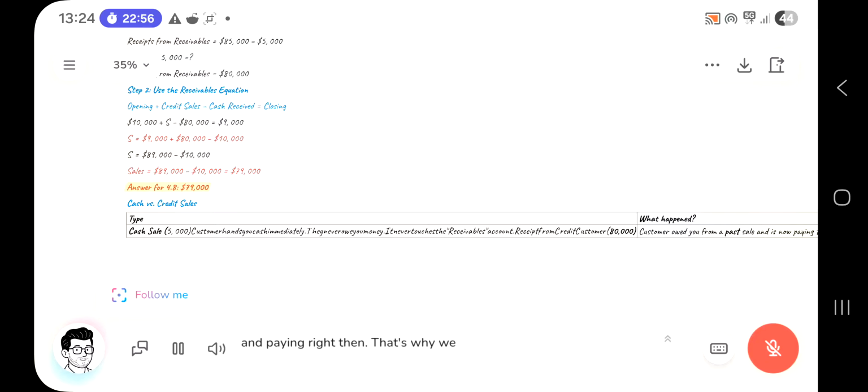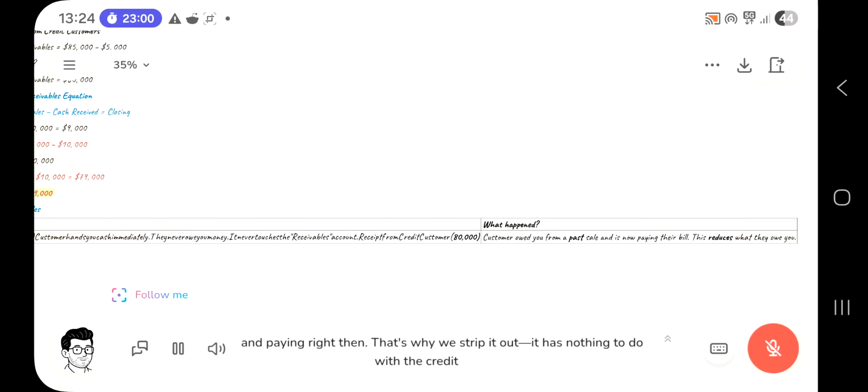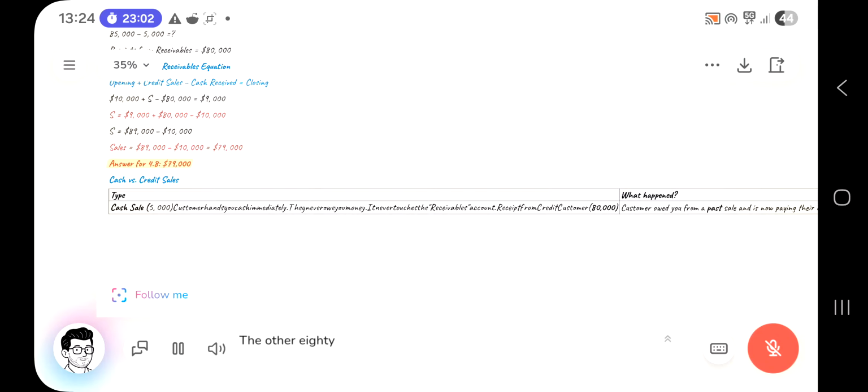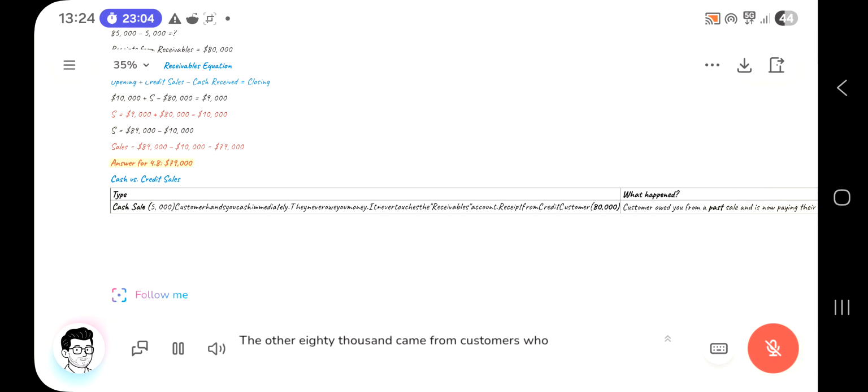That's why we strip it out. It has nothing to do with the credit balance. The other 80,000 came from customers who were already on your IOU list. When they paid that 80,000, their debt to you went down. Does that make the difference between the immediate cash sales and the credit payments a bit clearer?